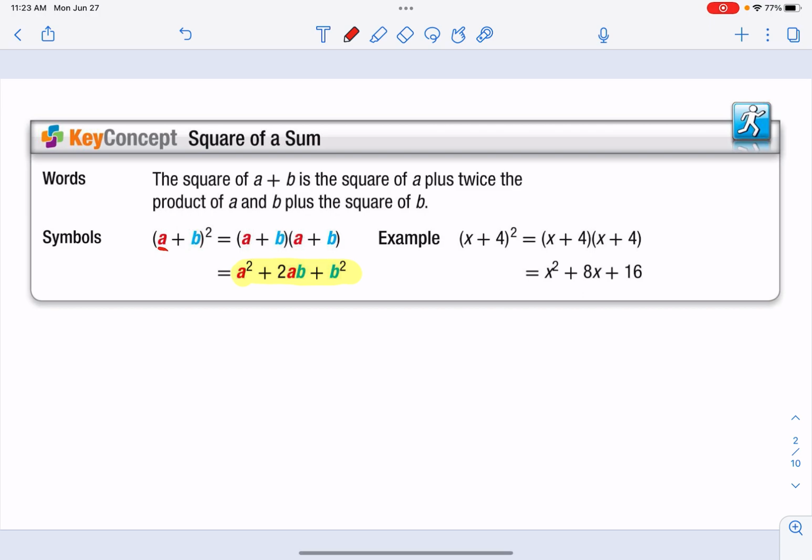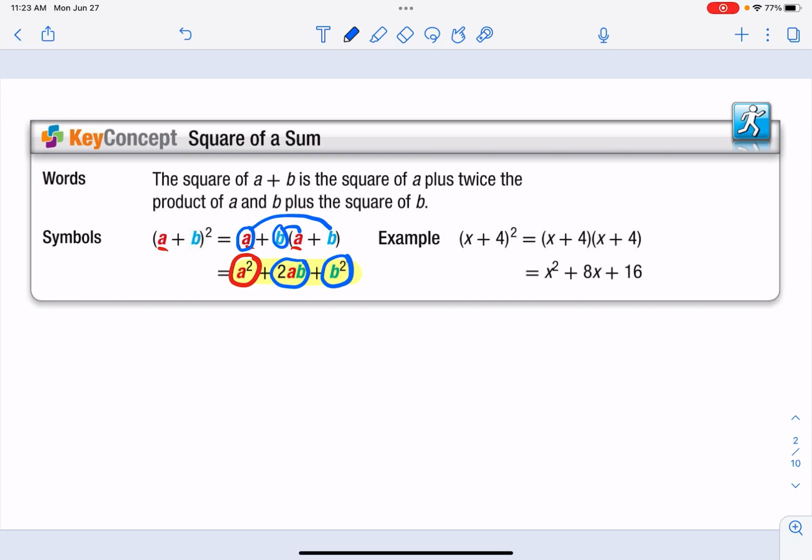You have a times a, well, that gets you an a squared. Since you have two middle terms that are the same thing, meaning when I multiply a times b and then b times a, I get the same thing, so that's why it's 2ab. And then the last term is always b squared.